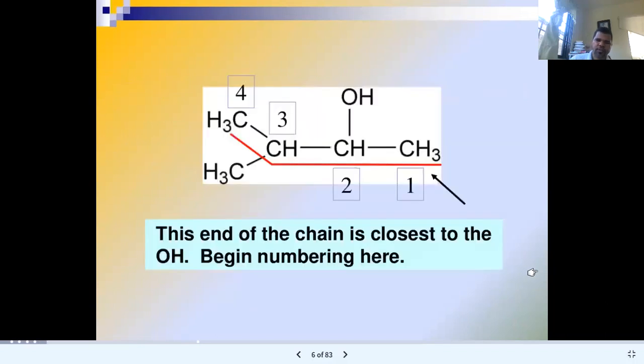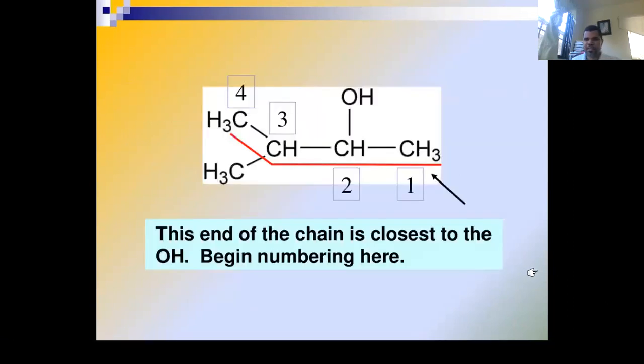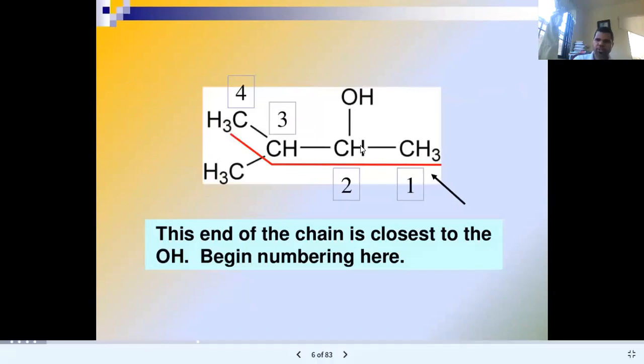The second step, once it is identified, you have now to number the carbons as you learned, making sure that the OH is in the lowest possible number. So if I start here, this would be carbon number 1, 2, 3, and 4. Now, if I start here, the OH will be in carbon number 2.